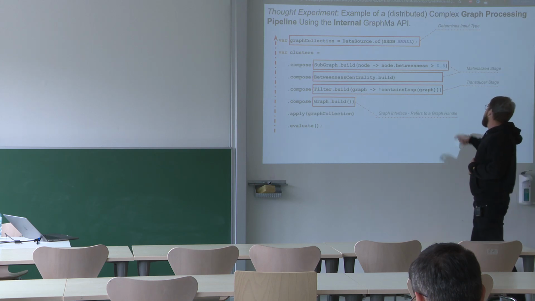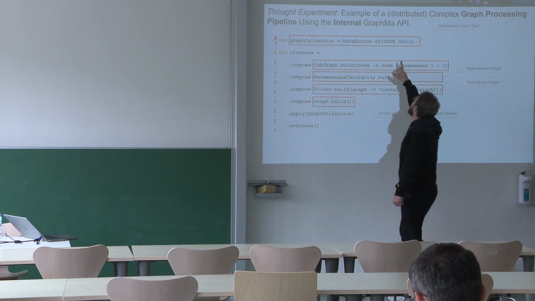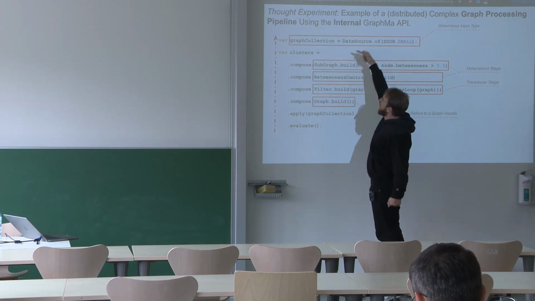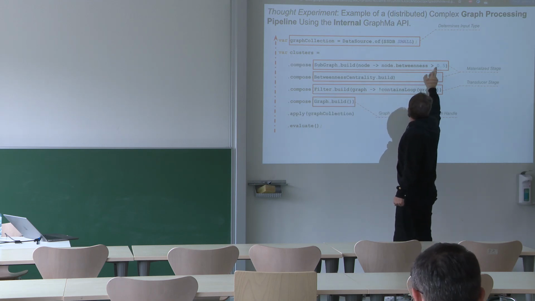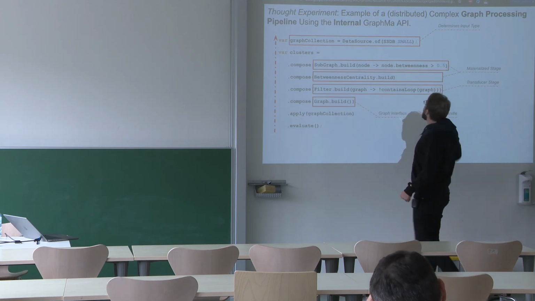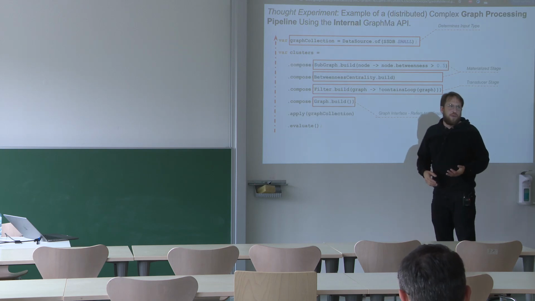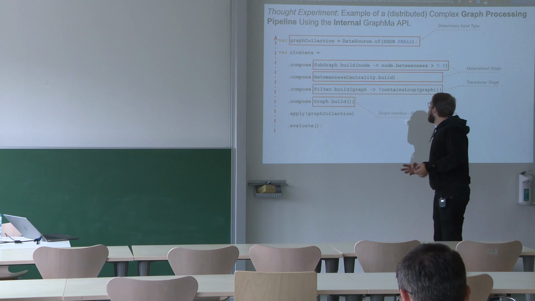Yes, there's a filter stage, sorry, this is what I forgot to say. This is a database of a lot of subgraphs that get streamed from the beginning to the end, and we just count the clusters that have an average betweenness centrality of less than 0.5. You all know what betweenness centrality is.